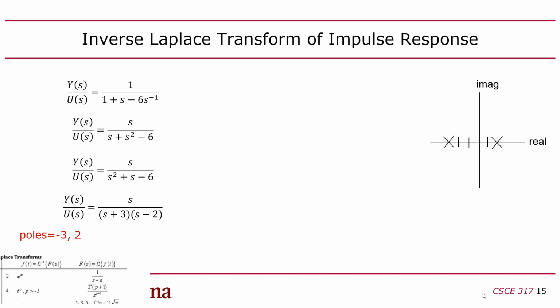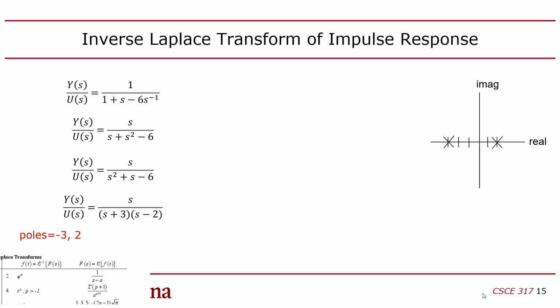If we take the impulse response and convert it to the time domain, what we should get is a time domain plot of the value coming out versus time, right? All right, so how do you do the inverse Laplace transform? Well, it's kind of tricky.